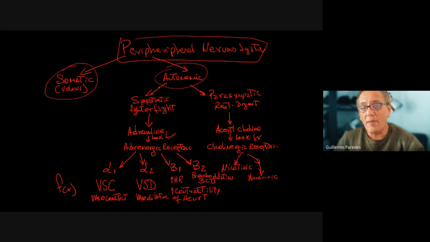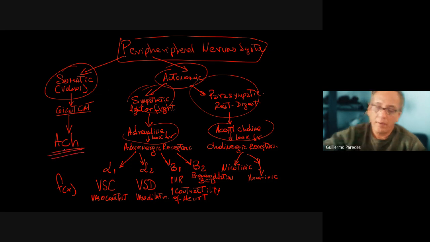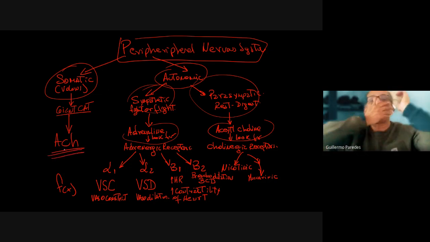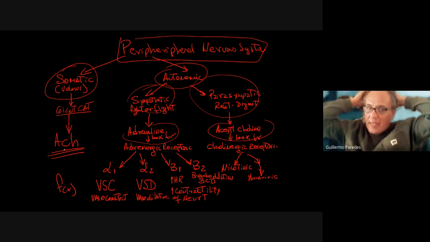We already talked about the sympathetic, parasympathetic, acetylcholine, sympathetic, adrenaline. But what about the somatic? The somatic is basically the giant cat, and that is going to use acetylcholine. We okay with that? So don't forget that.